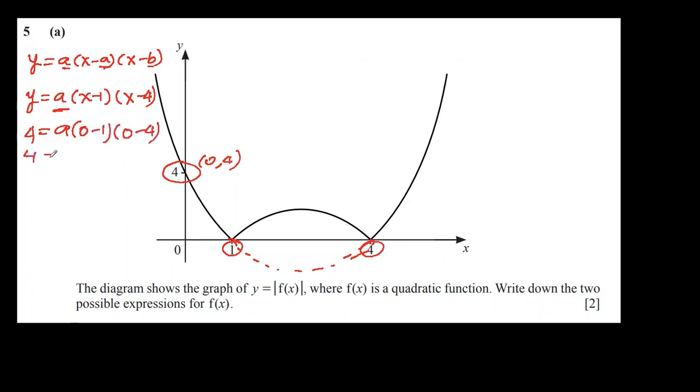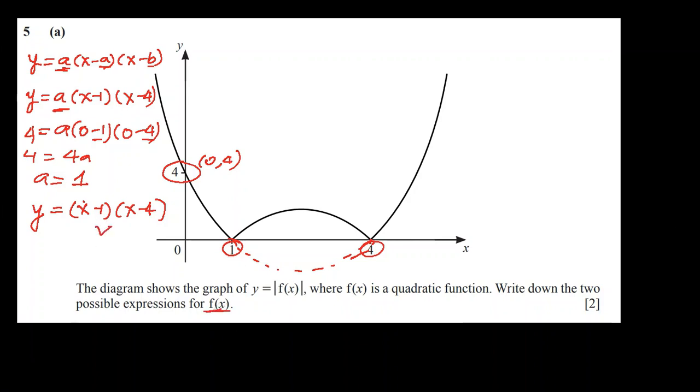So 4 equal to a times minus 1 times minus 4, which is 4a. So a is 1. So we can write the first possible equation as y equal to (x - 1)(x - 4). And no need to write the absolute signs, because they are asking for f(x), not with the absolute sign. This is the first possibility.